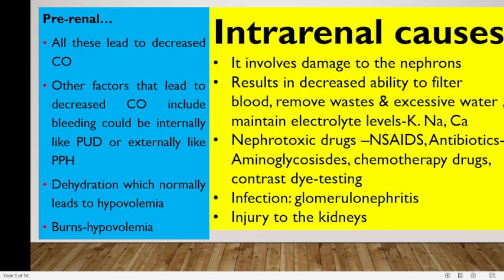Other factors that can lead to decreased cardiac output include bleeding, which could be internal, especially for those with GIT disturbances like PUD, or external, like PPH, accidents and injuries that can lead to external loss of blood.